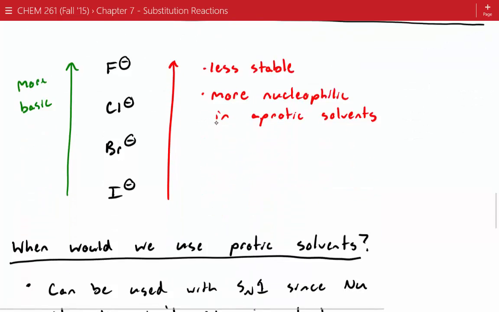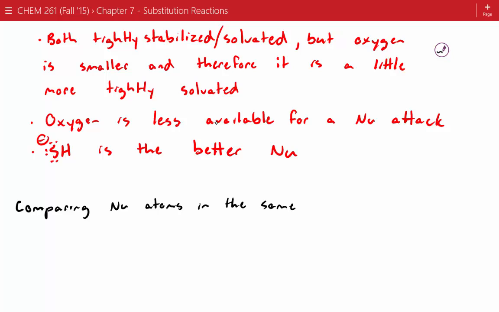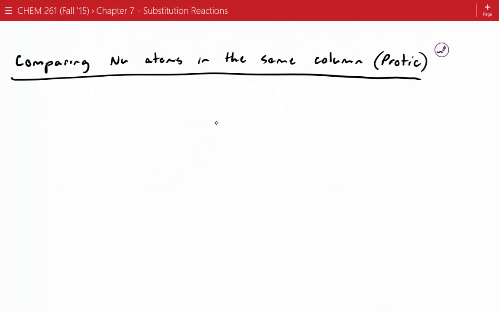Comparing nucleophilic atoms in the same column, but this time we're dealing with protic solvents instead of aprotic solvents. And so let's compare OH minus to SH minus to SeH minus. Which one's going to be most nucleophilic?